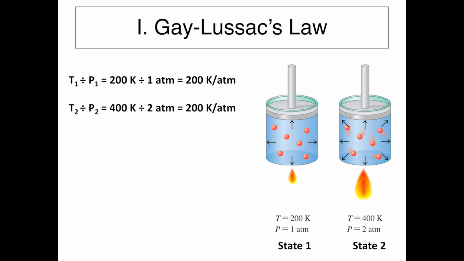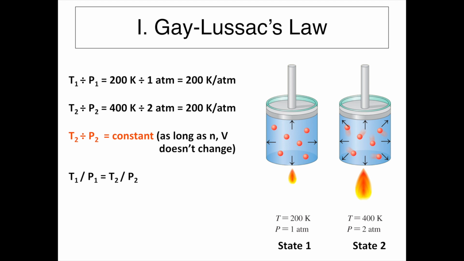We see that we also come up with 200 Kelvin per atmosphere. So it turns out whenever you take temperature divided by pressure, you will always get the same number. Okay, so T2 divided by P2 is a constant number. T1 divided by P1 is a constant number. Since they are equal to the same number, mathematically that means T1 over P1 is equal to T2 over P2. So that's our relationship, and we call that Gay-Lussac's law.